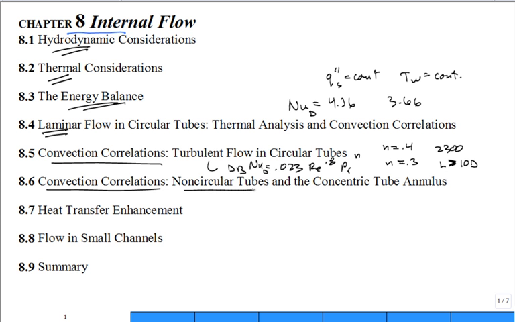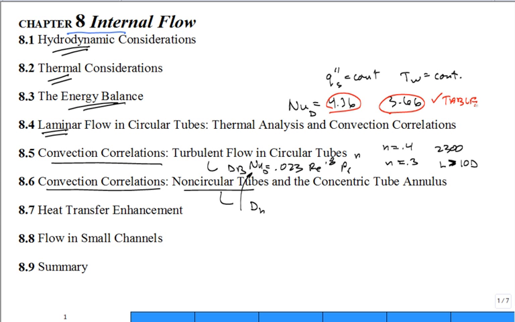If you have a non-circular tube, then what you need to do is use the hydraulic diameter, and then go ahead and use the turbulent correlations. The textbook also has a number of correlations for laminar flow with the constants. You just change these constants if it's a laminar flow in a rectangular duct or a triangular duct, and those are in tables.